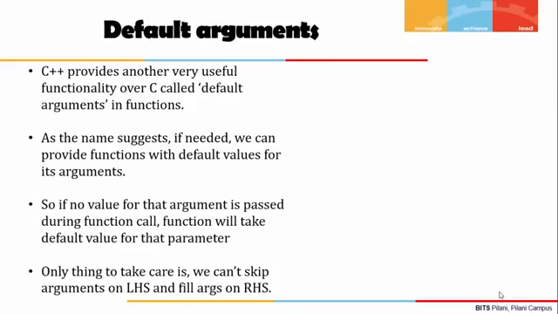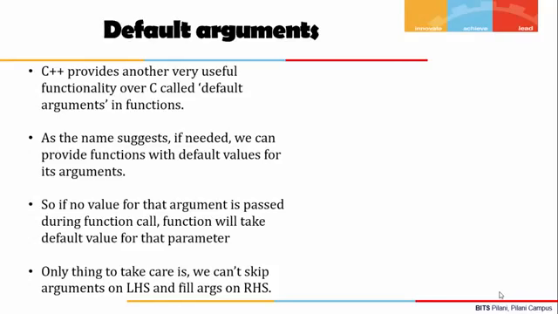If no value for that argument is passed during a function call, the function will take the default value for that parameter. The question is, how do you establish a default value?